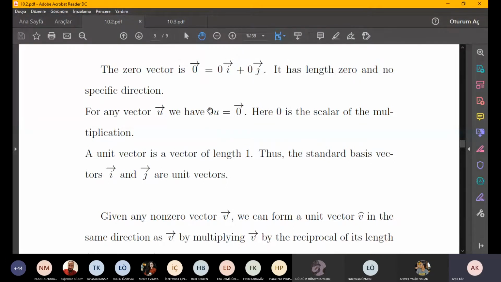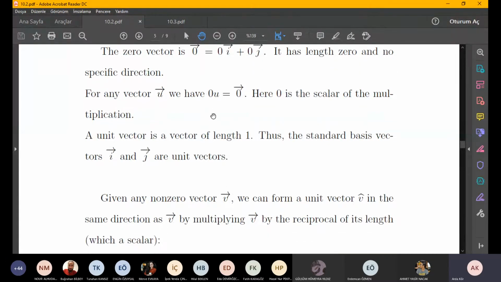And we will call a unit vector a vector with length 1. So we can say that the basis vectors i and j are unit vectors. Also there will be another notation for the vectors which have length 1, or which are unit vectors.